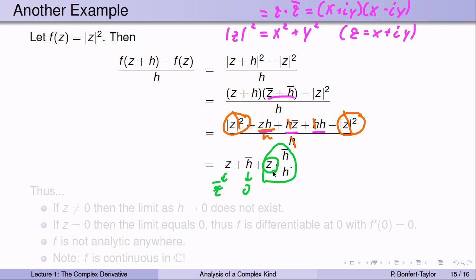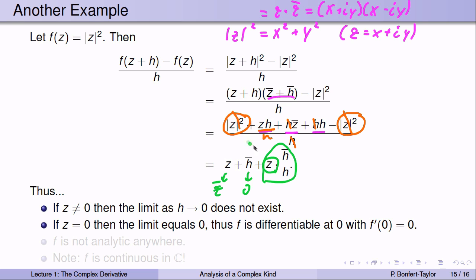So if z is non-zero, then this limit of the difference quotient simply does not exist because of the h bar over h issue. If z is equal to 0, that issue is gone, and the limit is simply 0 because if z is 0, z bar is also 0. So at 0, the limit of the difference quotient exists. So f is differentiable at 0 with derivative 0. It is not differentiable anywhere else.